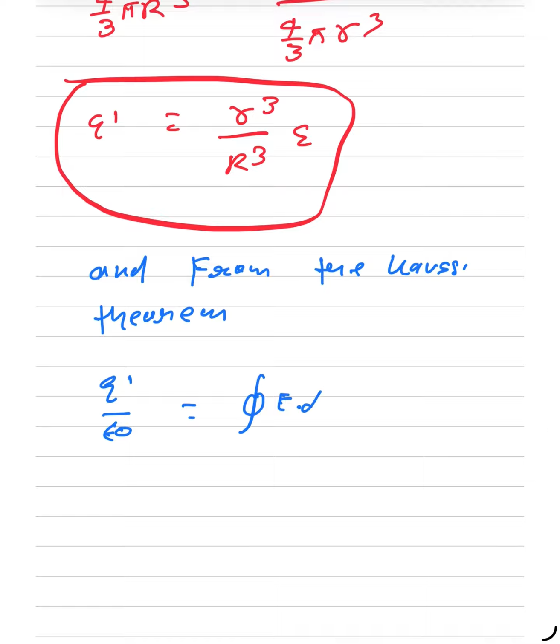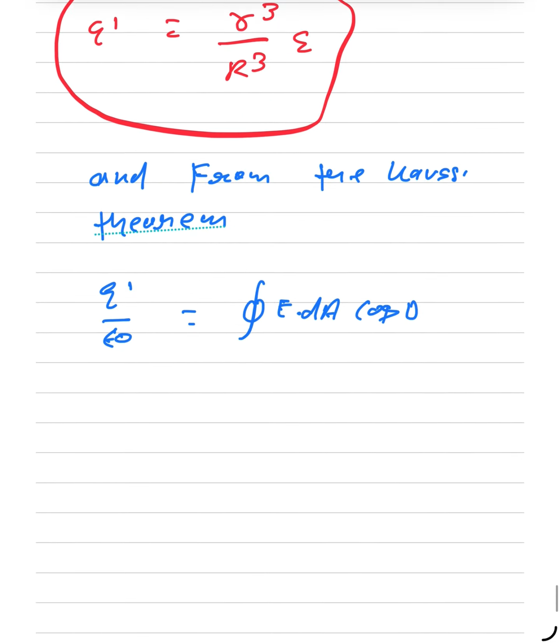Q dash divided by epsilon naught equals the integration of E dot dA cos 0, and the value of electric field inside equals Q dash divided by 4 pi epsilon naught r square.